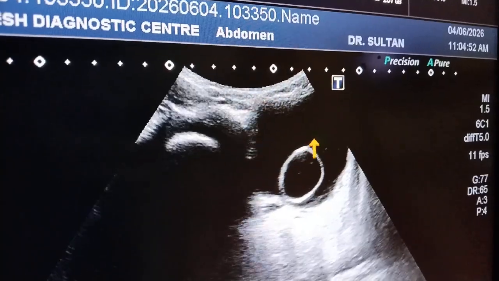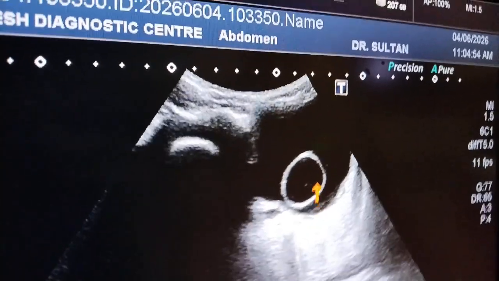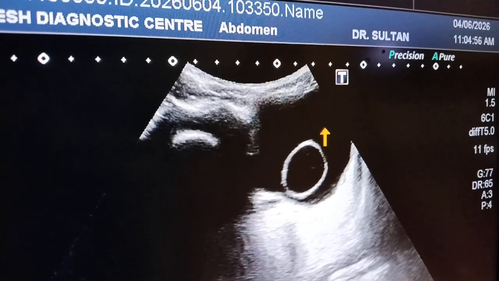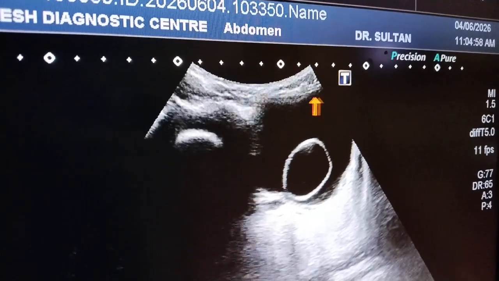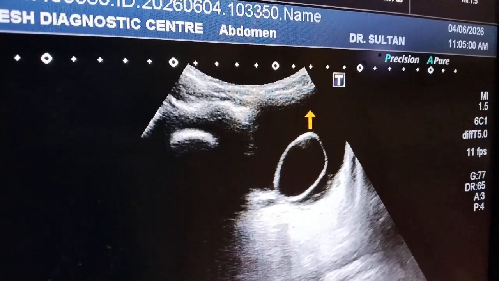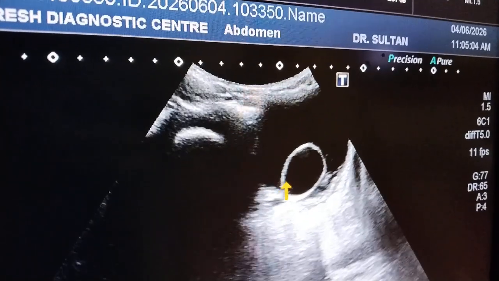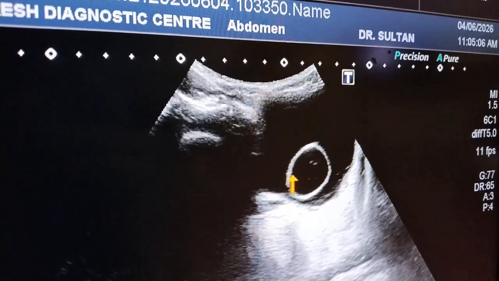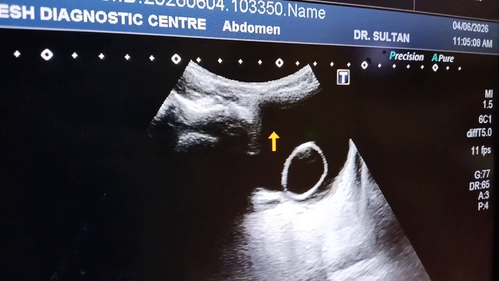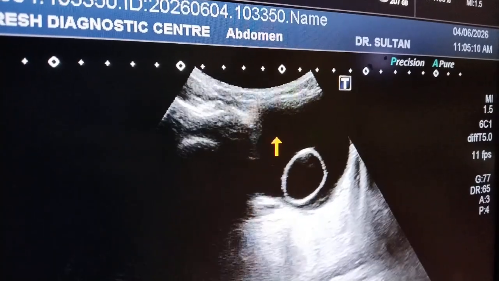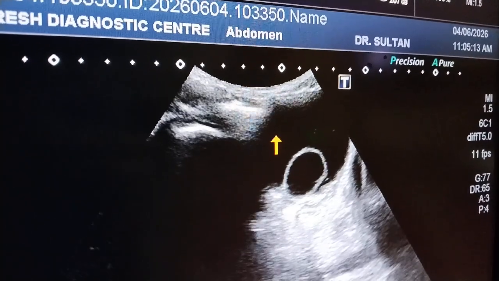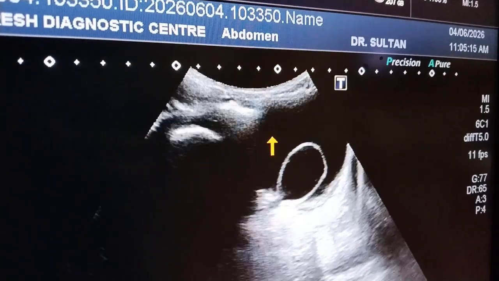So we can say that there is a cyst within the cyst sonographically. As this bladder is a cyst-like structure having anechoic fluid, and this is another cyst-like structure present within the urinary bladder. So sonographically, we can say cyst within the cyst.